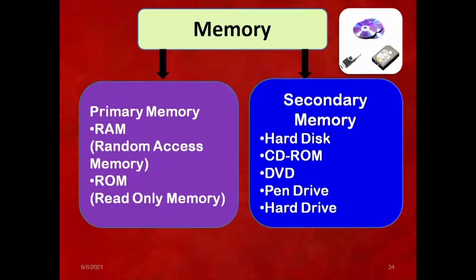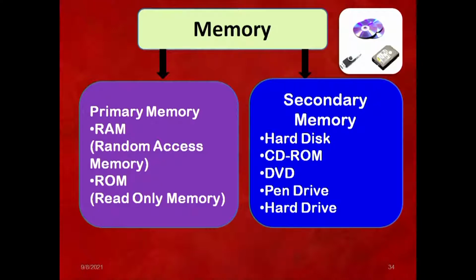Random access memory is volatile in nature. Volatile in nature means if power suddenly goes off, whatever data or work the user has done is not going to be stored in the computer system as soon as the power goes off.